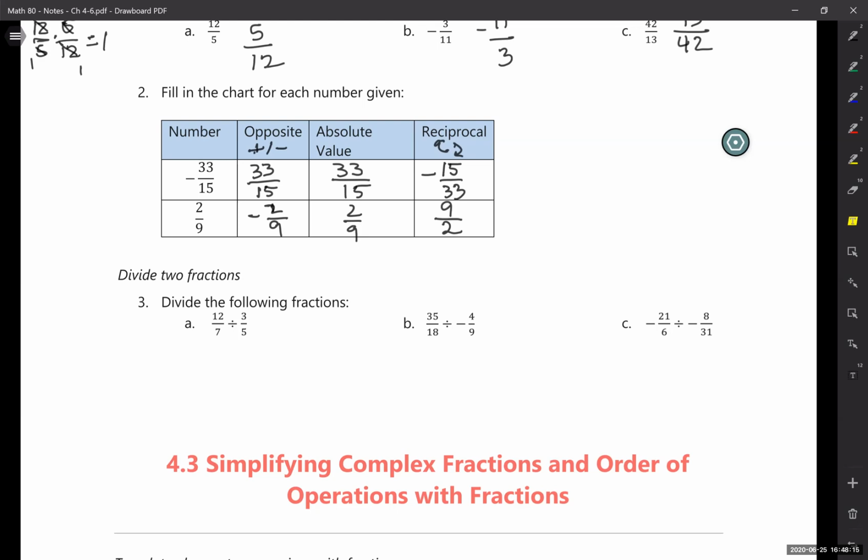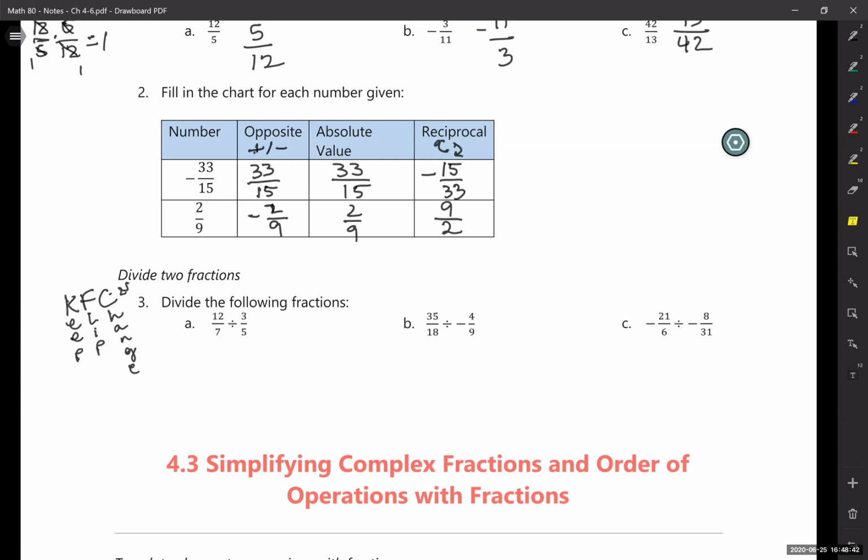So to divide two fractions, I always think of KFC. What KFC means is we're going to keep the first fraction, we are going to flip the second fraction, and then we are going to change to multiplication. Keep, flip, change. And by saying it in KFC, we know since the K comes first, we're going to keep the first one.